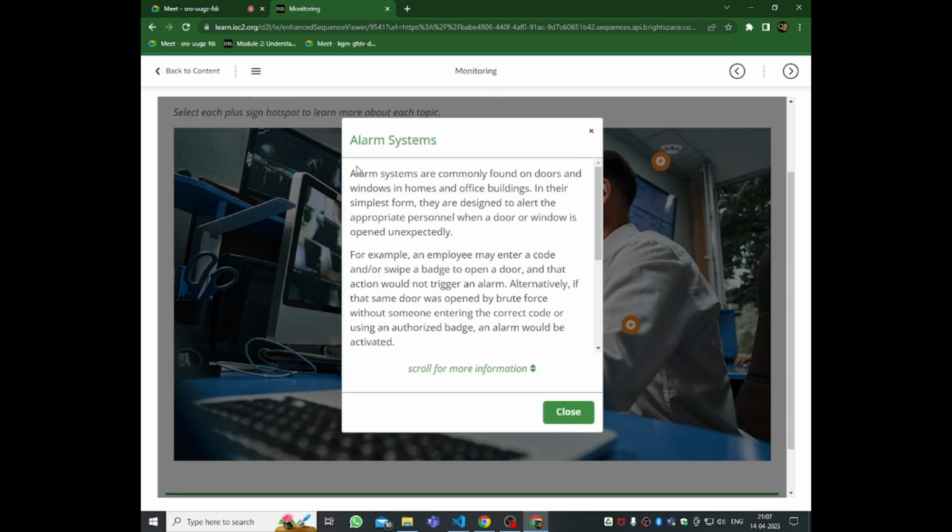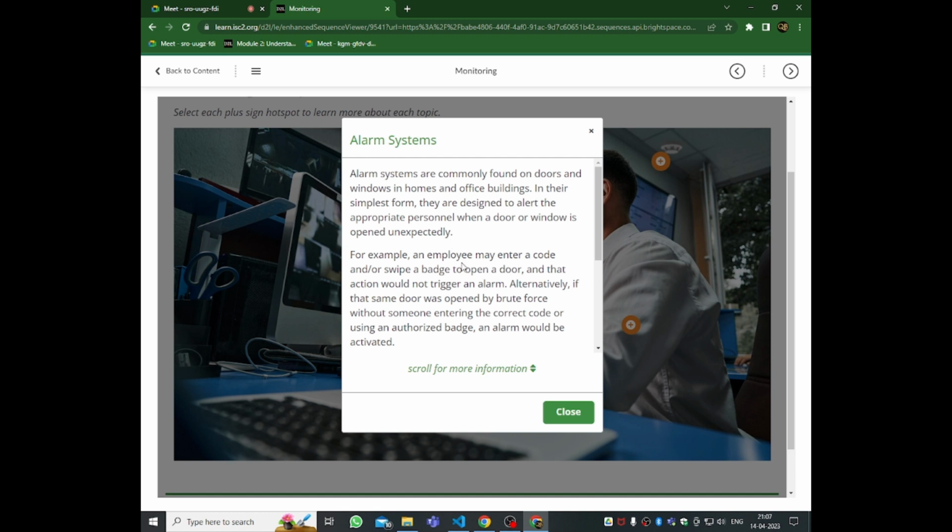Now the next one is alarm systems. Alarm systems are commonly found on doors and windows in homes and office buildings. In their simplest form, they are designed to alert the appropriate personnel when a door or window is opened unexpectedly.